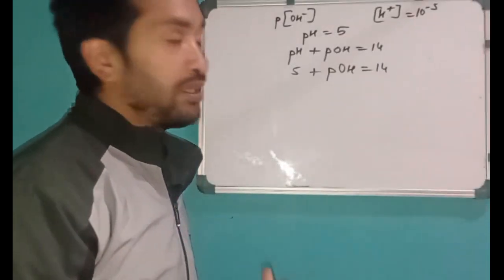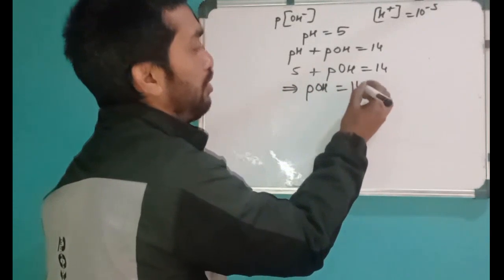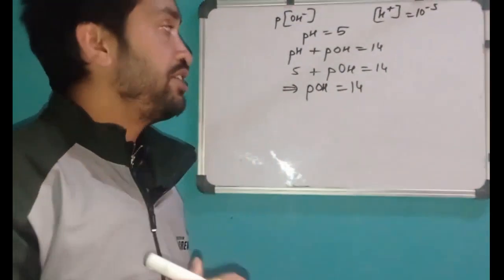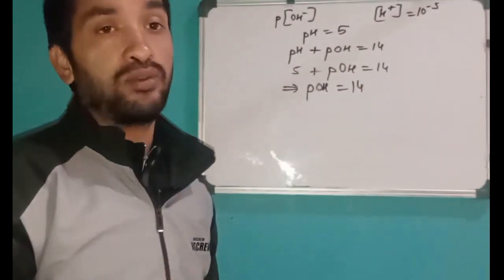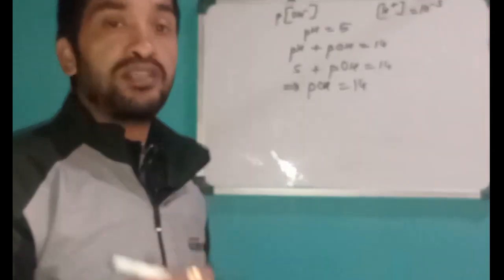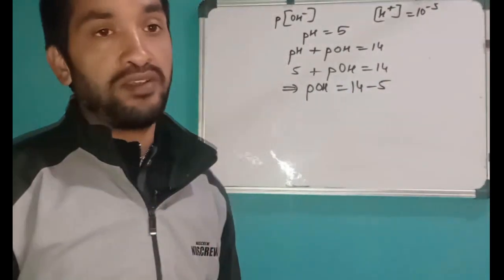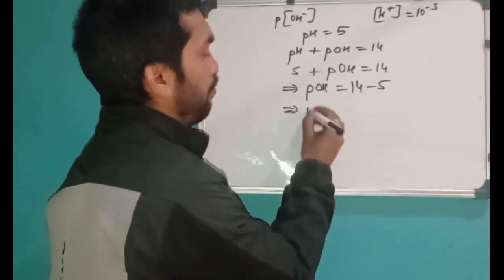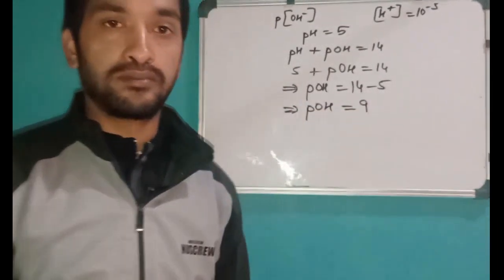Now use your mathematical mind. This implies pOH is equal to 14. The 5 is going to move from the LHS to the RHS, so it will become minus 5. So the pOH value is equal to 9.